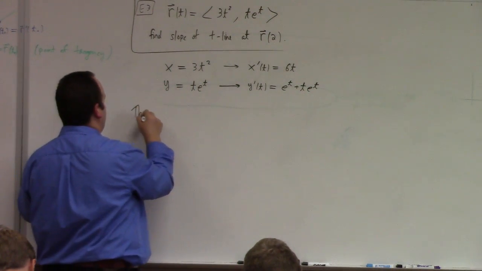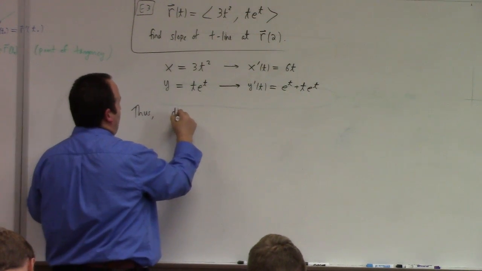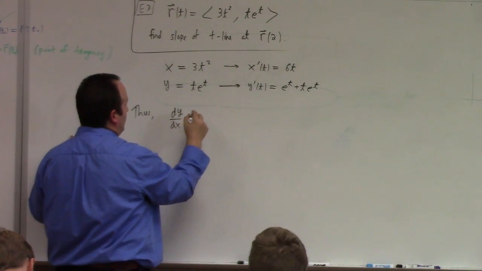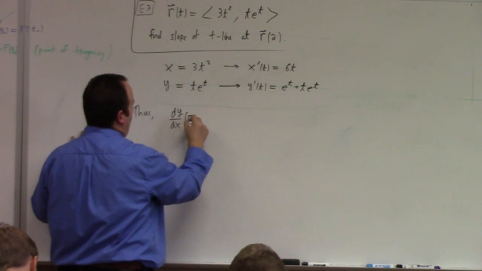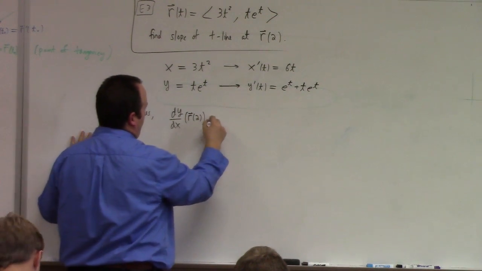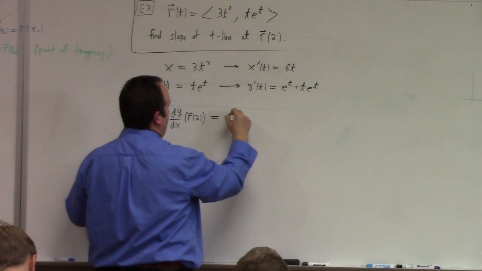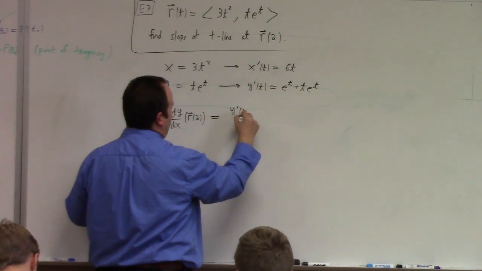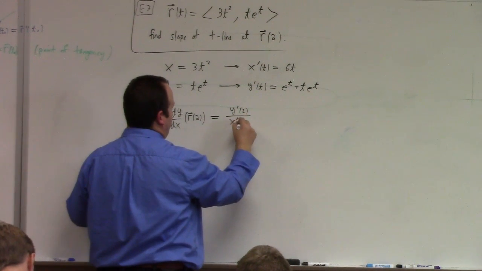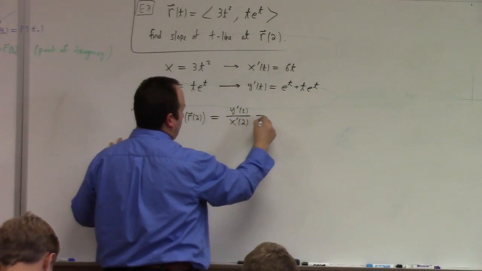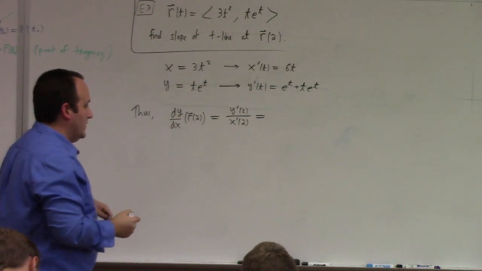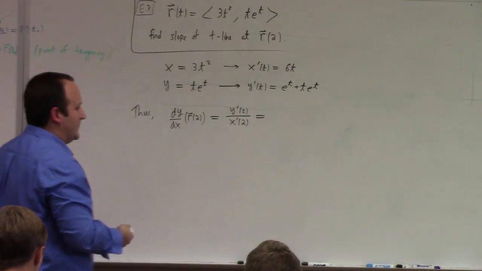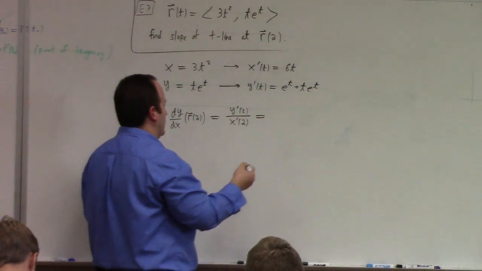Thus dy/dx, which is the slope of the curve at the point r of 2, is equal to y prime of 2 divided by x prime of 2. That's what the theorem says, which I've given a plausibility argument for, but I'll try to prove more cleanly in just a second.